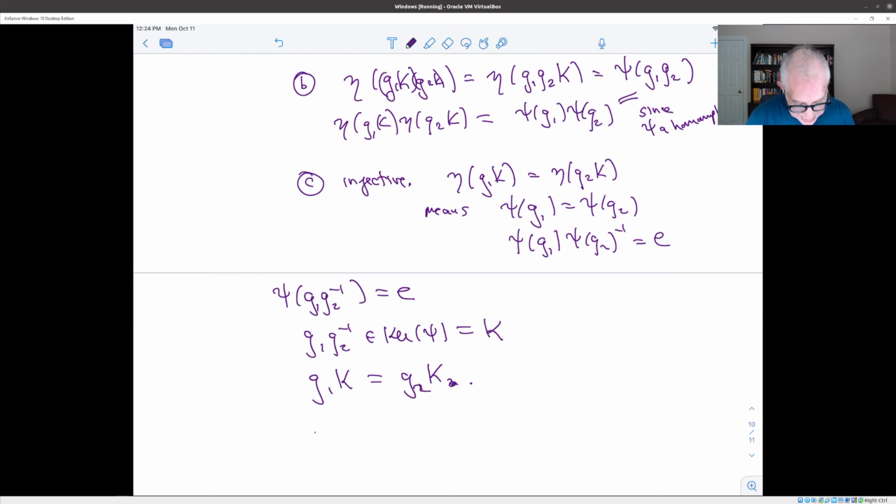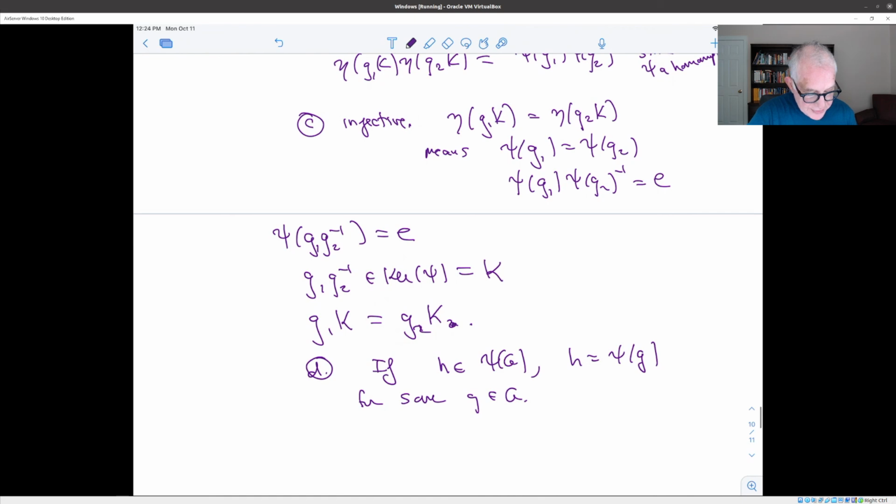And is it surjective? Well, that's a little bit easier because we need to show that if, let's say, h is in psi of G, we know that h is psi of g for some g.